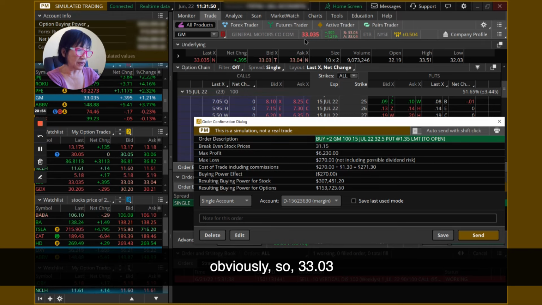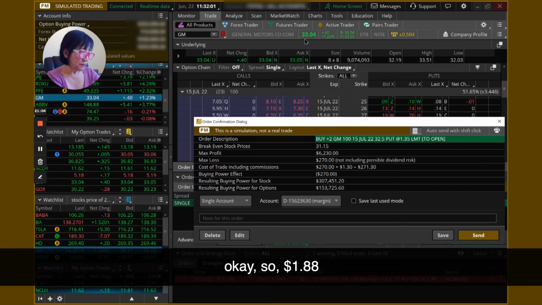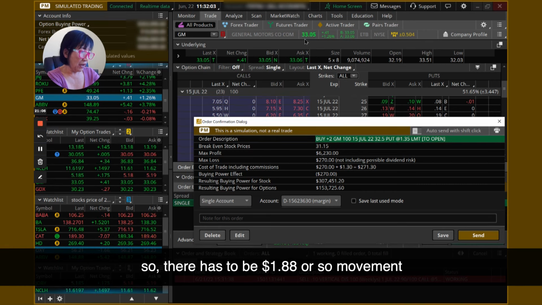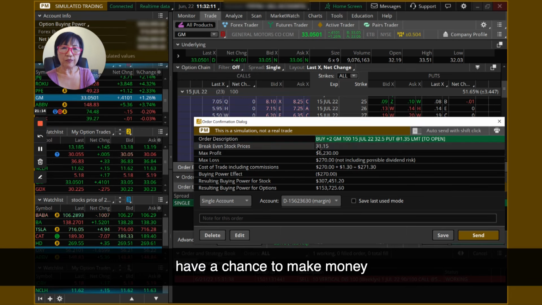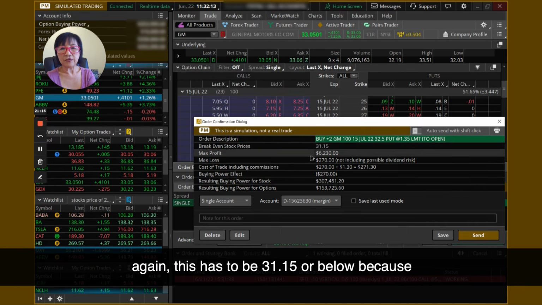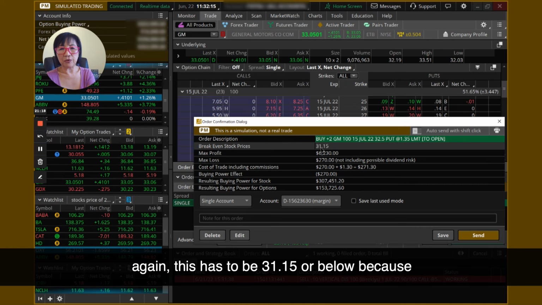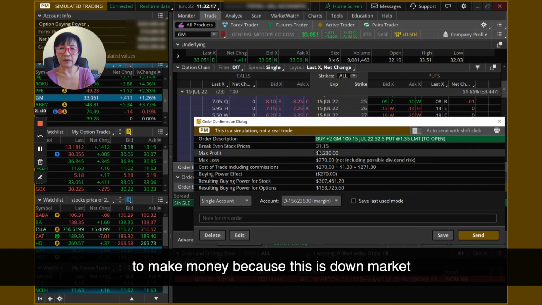So 33.03. So you take 33.03 minus 31.15 and you figure, okay, so $1.88. So there has to be $1.88 or so movement before you even have a chance to make money. Again, this has to be 31.15 or below to make money because this is a down market.